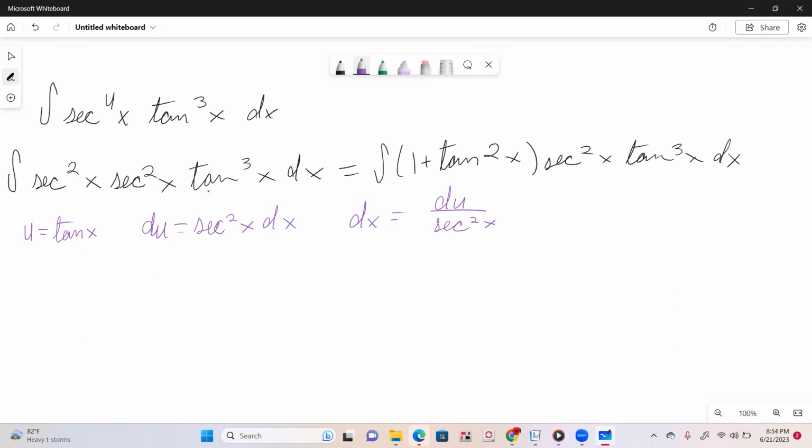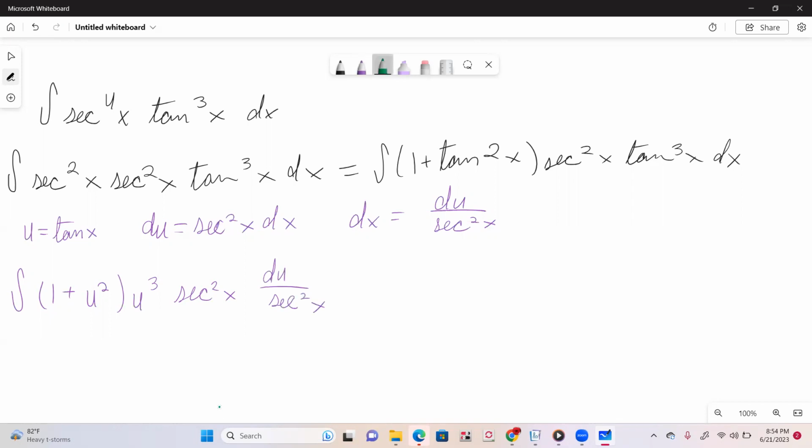So now let's plug this stuff in. We have the integral of 1 plus u squared, by tan cubed, which is u cubed, and then times secant squared x, du over secant squared x, right?